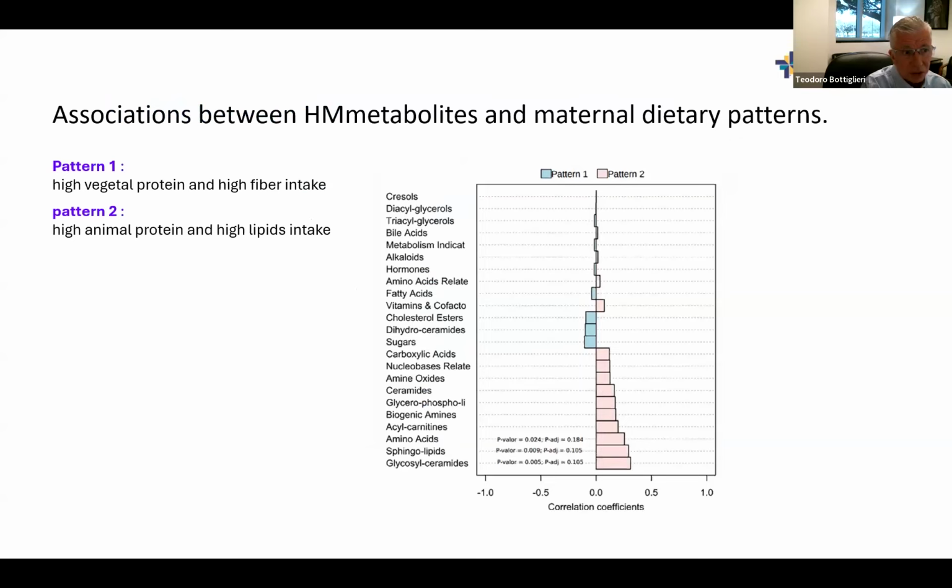In terms of the associations between the human milk metabolites and maternal dietary patterns, again, we saw some interesting associations, particularly when we do the groups.